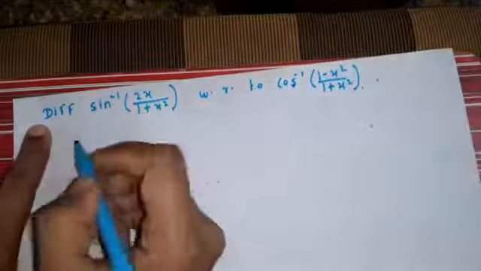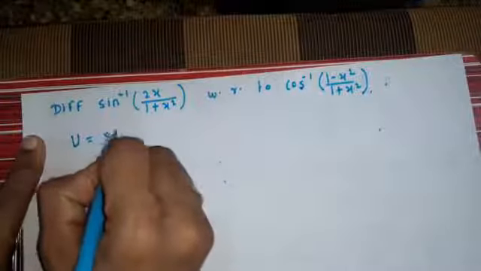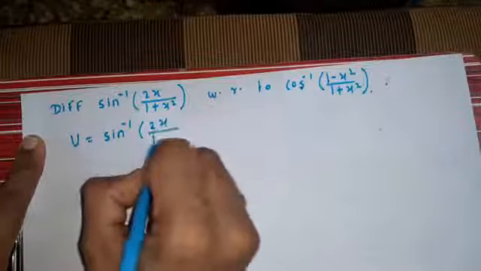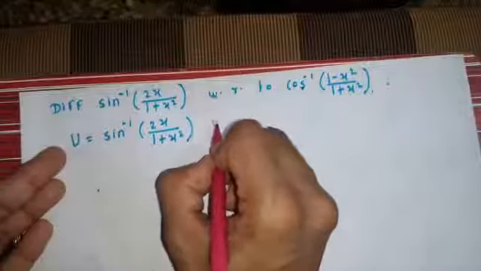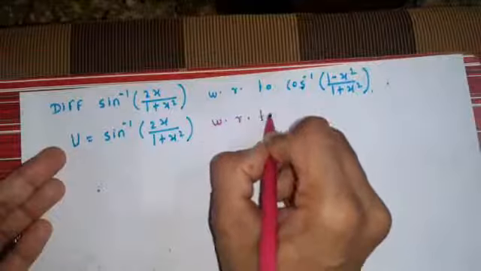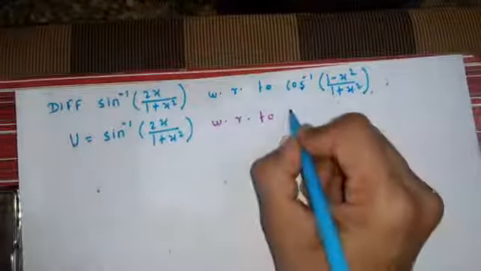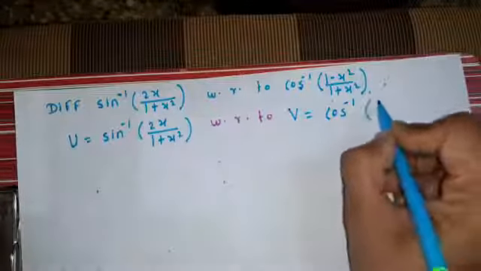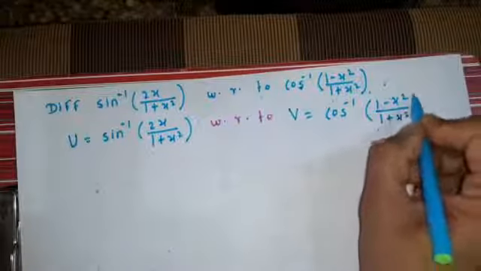Okay students, suppose here u equal to sine inverse of 2x upon 1 plus x square, and we have to differentiate u with respect to, suppose this function is v, and the v function is cos inverse of 1 minus x square upon 1 plus x square.